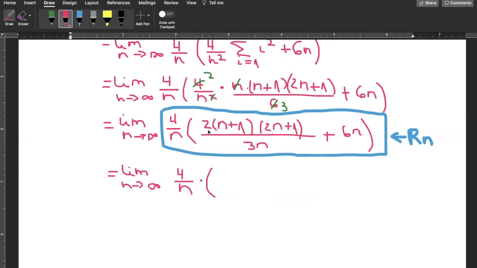So here we'll have 2 times, and then in the brackets, if we distribute this, n times 2n would be 2n squared. Then we'll have n and then 2n, which would become 3n plus 1.